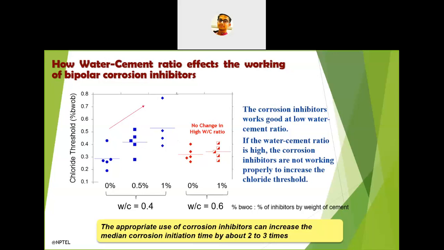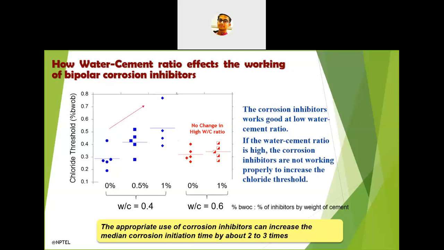If the water cement ratio is high, they do not work properly to increase the chloride threshold. Without testing the different parameters, we cannot use inhibitors, otherwise in the end we will conclude that the inhibitor or the technology is not working.